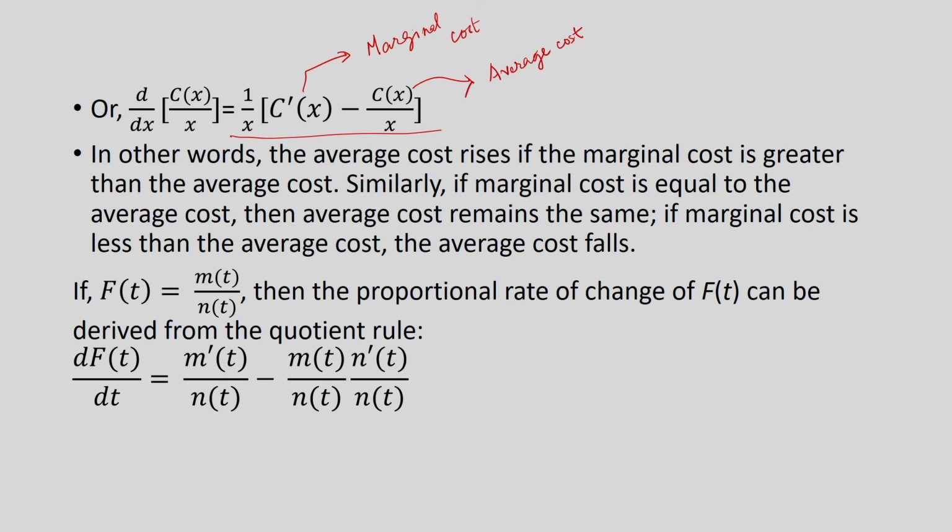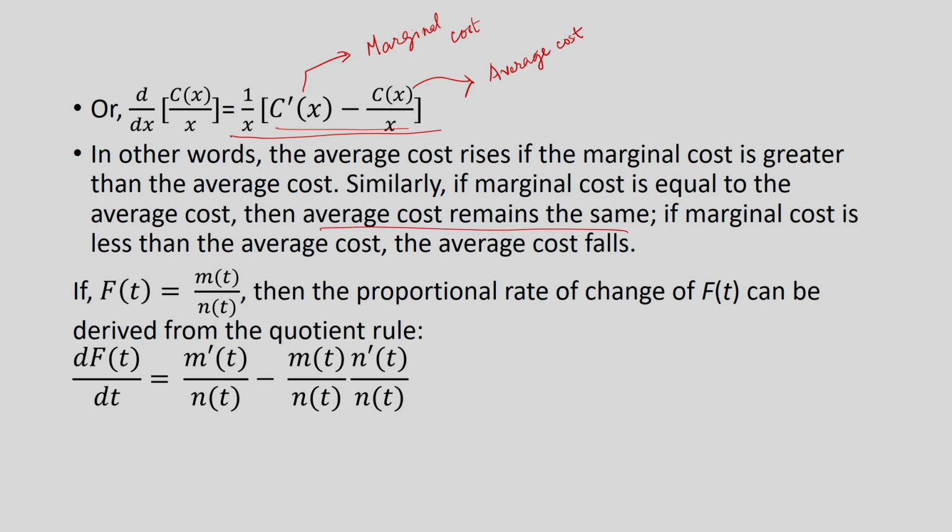Similarly, if marginal cost is equal to the average cost, then on the right hand side you have 0, and if it is 0, then d/dx of average cost is equal to 0. That means the average cost does not change, it remains the same.